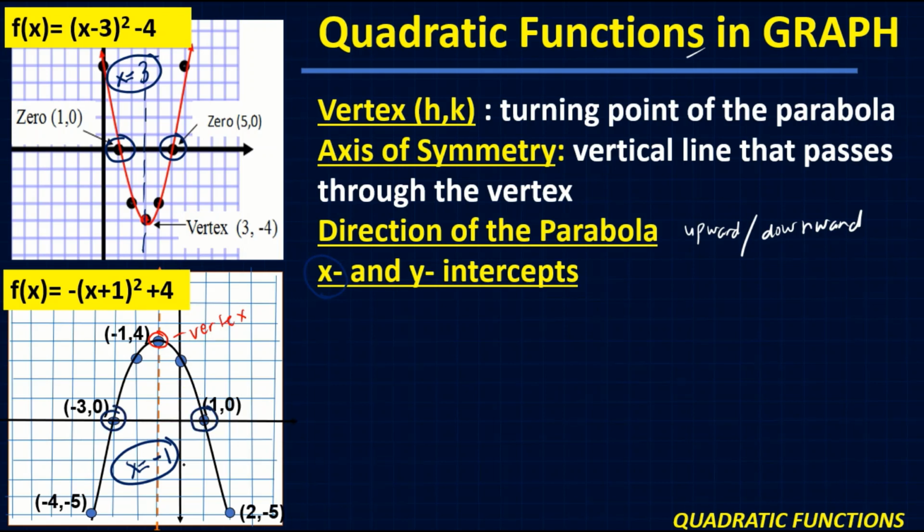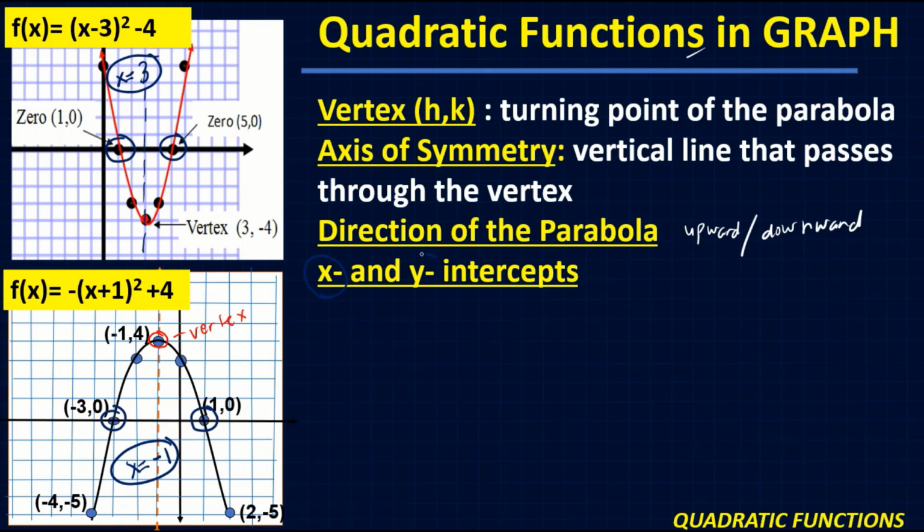Minsan, sa parabola natin, sa quadratic functions, meron tayong dalawa na x-intercepts. Minsan, merong isa kung yung vertex natin ay nakay x-axis. Meron ding walang x-intercept. Ibig sabihin, hindi tumama yung parabola natin doon sa x-axis.